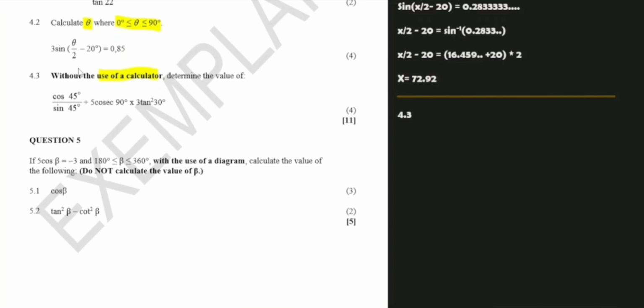So one thing you'll notice about this particular equation is that we are dealing with special angles. Special angles are 0, 30, 45, 60, and 90 degrees. Here we have 45 degrees, we have 90, and then we also have 30. On top of us having these special angles, we also have a reciprocal function.